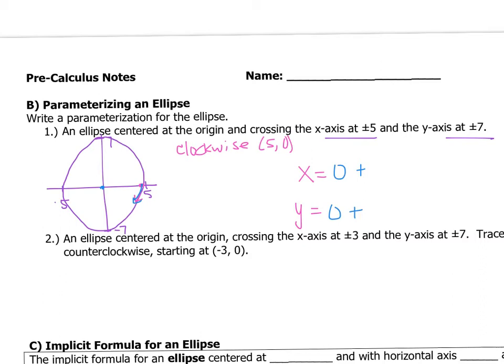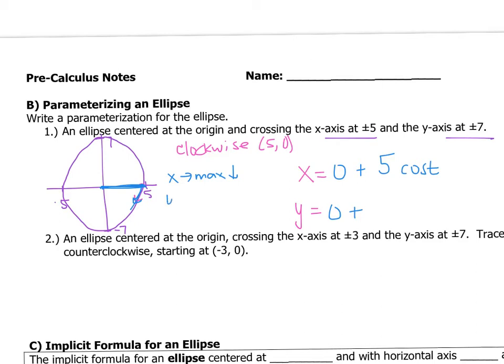So if we think about the x value here, this is the biggest x value, so it's at the max, and it is going to be decreasing. Well, that follows what cosine does normally, so we're going to use cosine here. And then the only other thing that we have to add in is that horizontal radius as a coefficient, which in this case is 5.